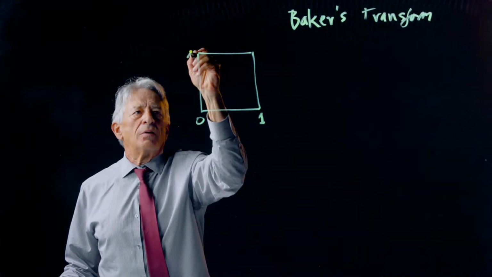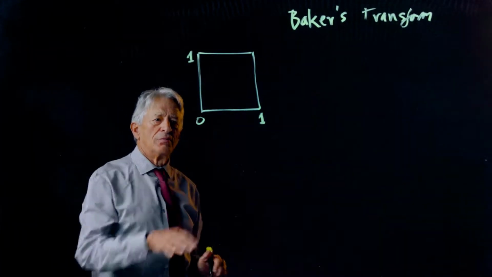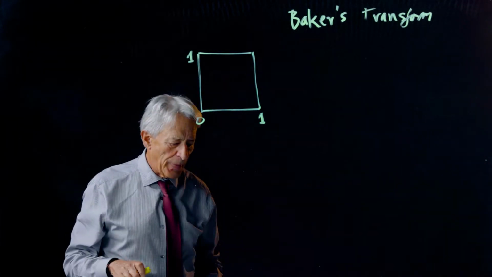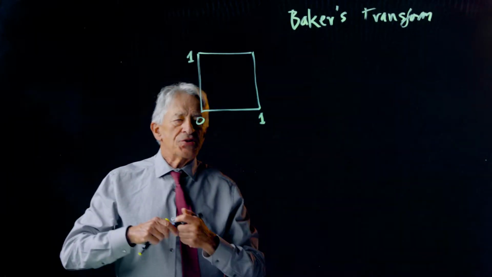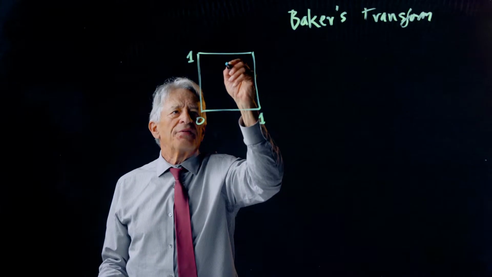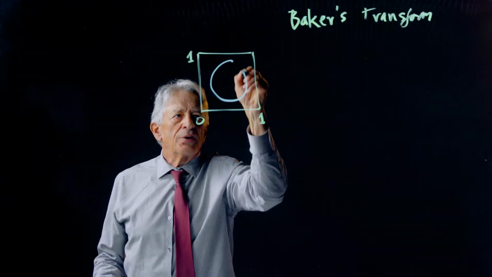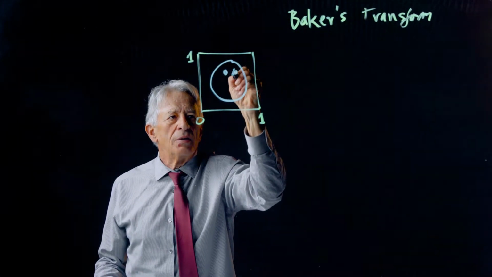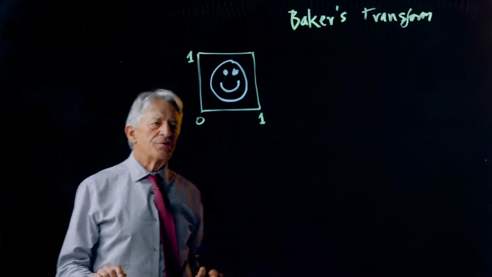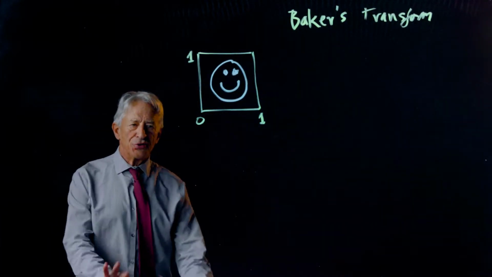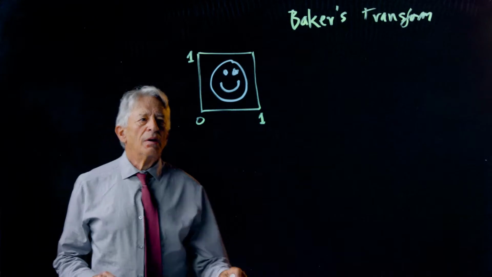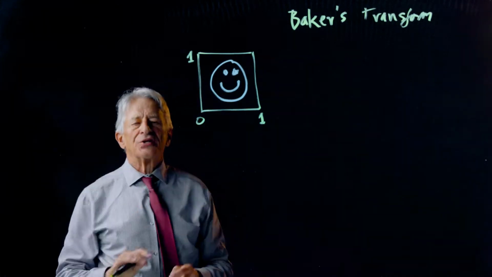And right now, it has unit dimensions. And then just so that we can follow things, we're going to put a little smiley face into the dough. So this is the initial condition.